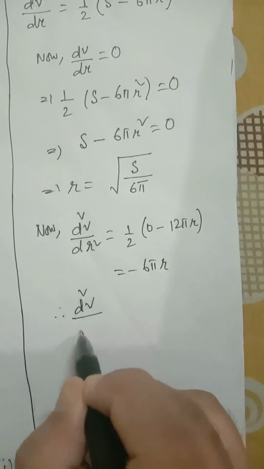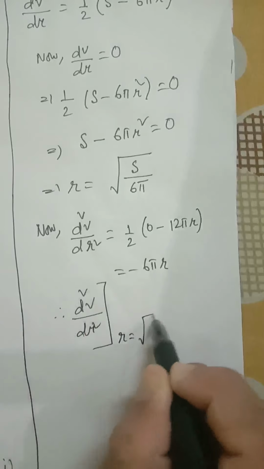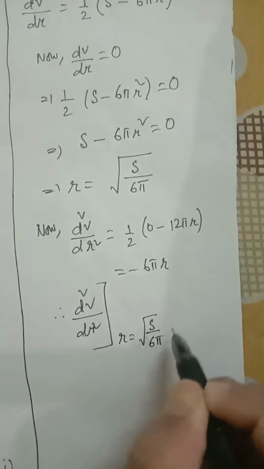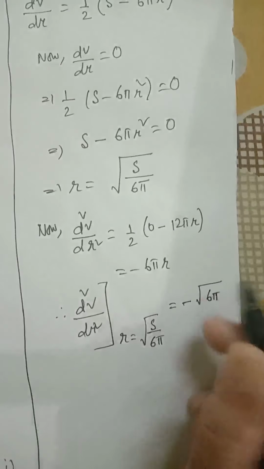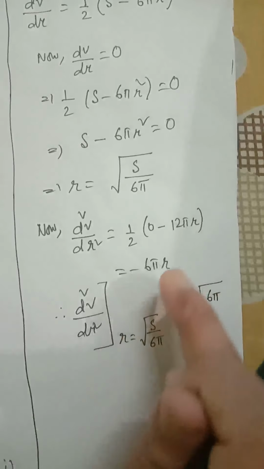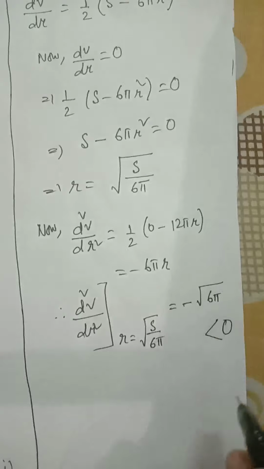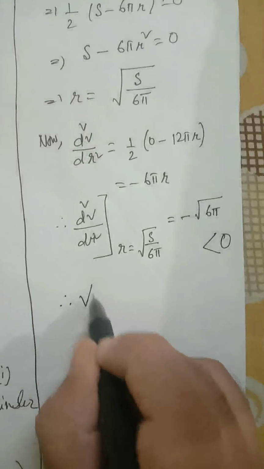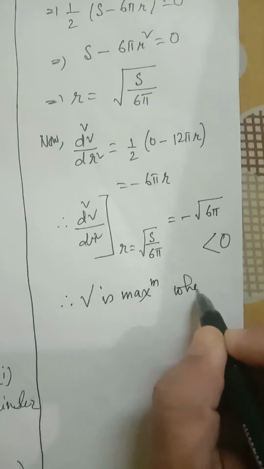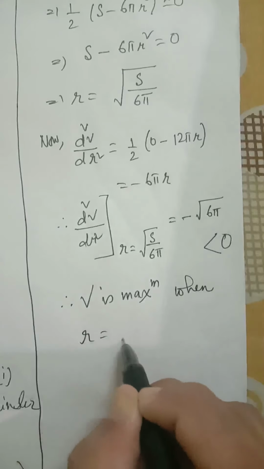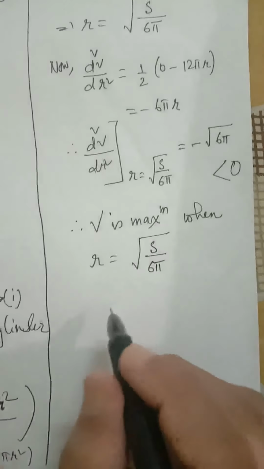When r equals root over S by 6 pi, if we put r equal to this, its value will be minus of root over 6 pi S, which is less than 0, negative of something. Therefore V is maximum when r equals root over S by 6 pi.